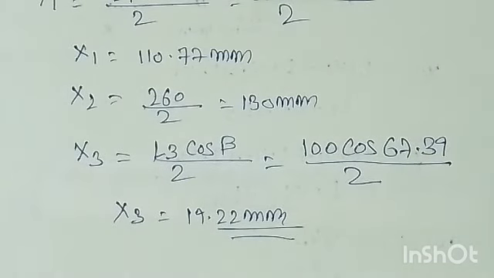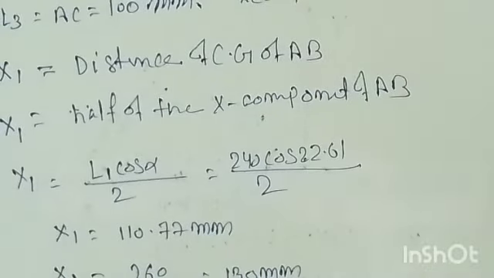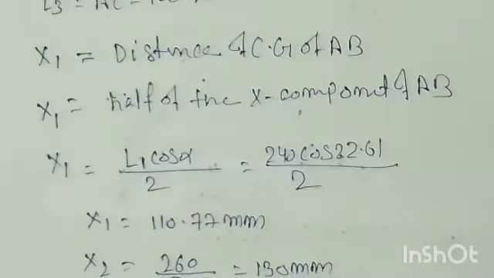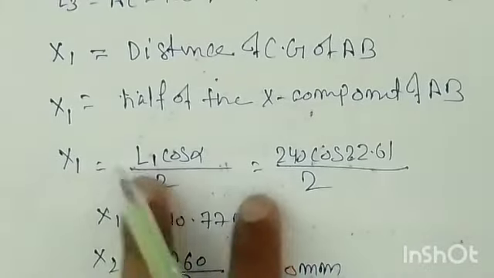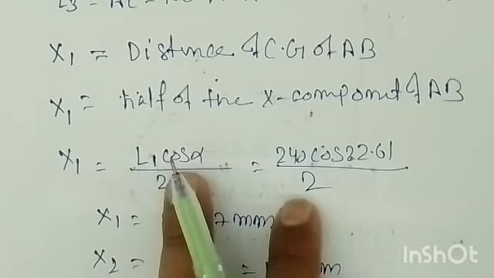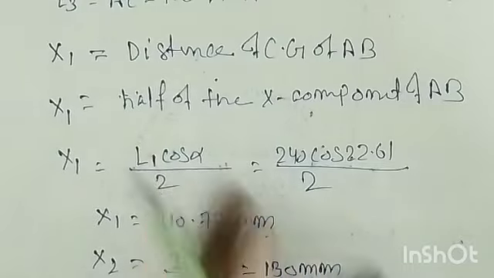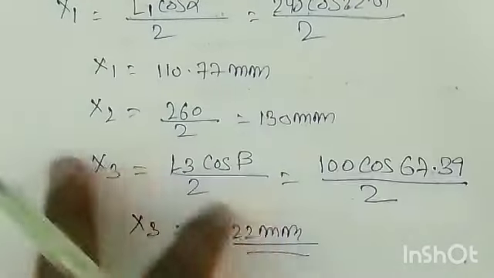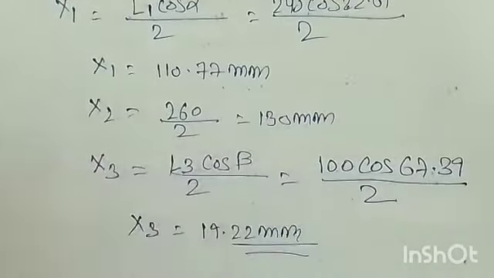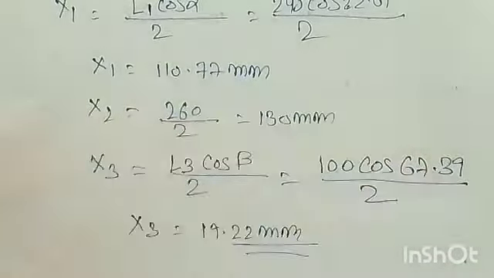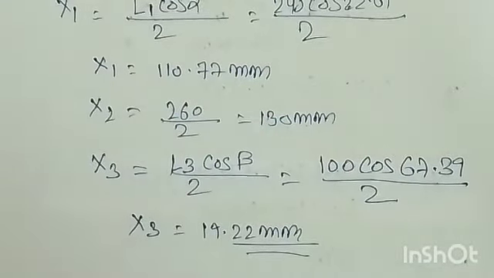Now we will find y1, y2 and y3. For y1, it is the vertical component of L1, that is L1 sine alpha by 2. For y2, it is 0, because element 2 is kept horizontal, so there is no vertical distance.